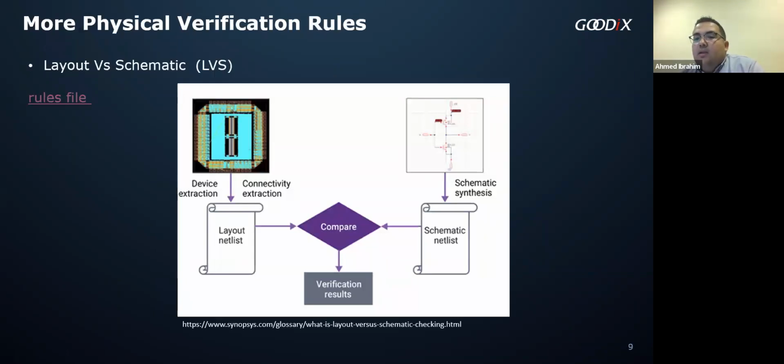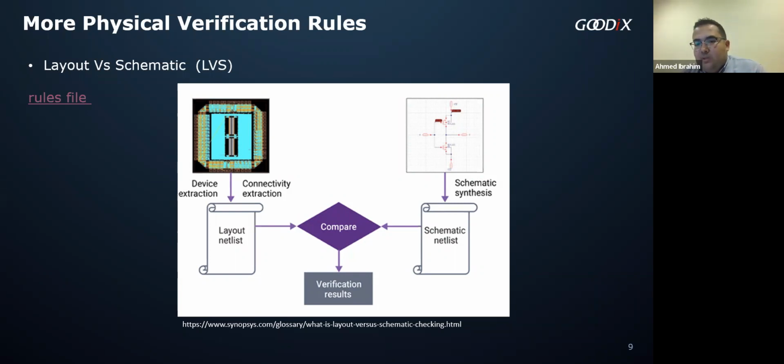Okay, so more physical verification. Over time, the content of BDKs had to expand significantly because processes targeted continually smaller and smaller geometries. The fabrication process began to be affected by issues that may seem trivial.